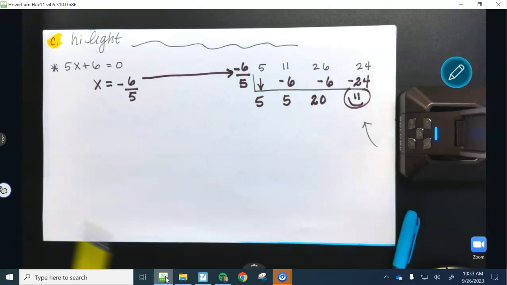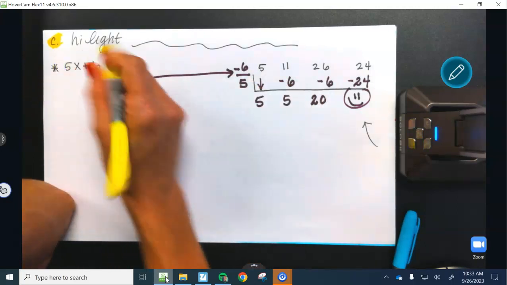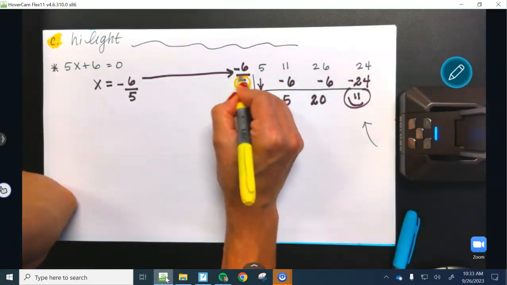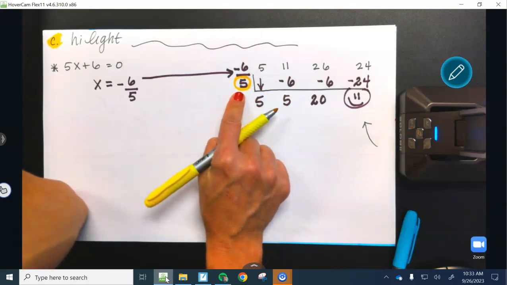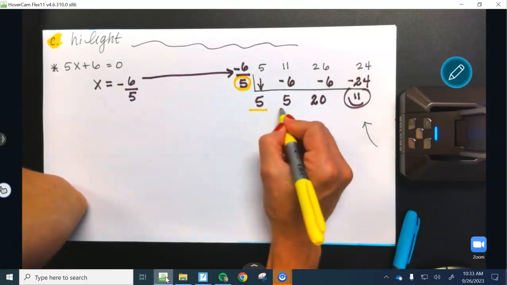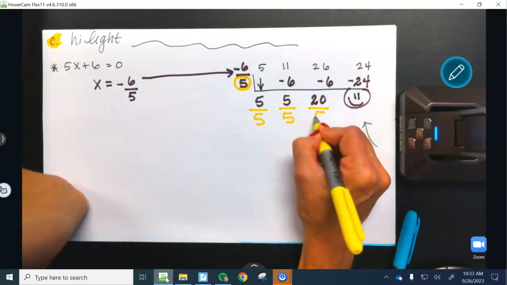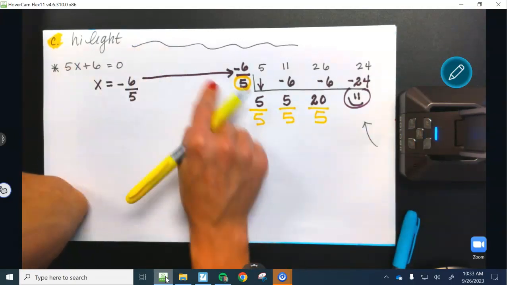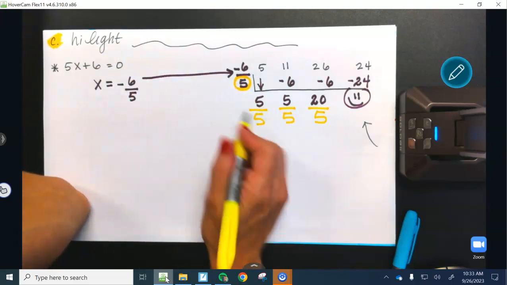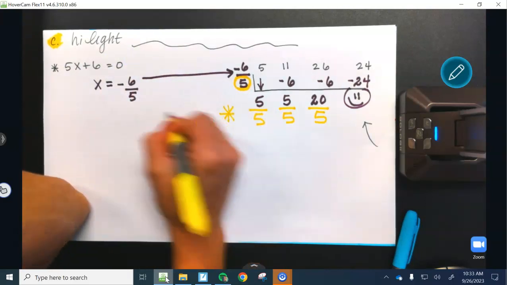All right, look. Here's the deal, y'all. And this is cheating. See how this is divided by 5? You got to go back and divide all these by 5. So if you want to use this method, knock yourself out, but you got to remember to do this step.